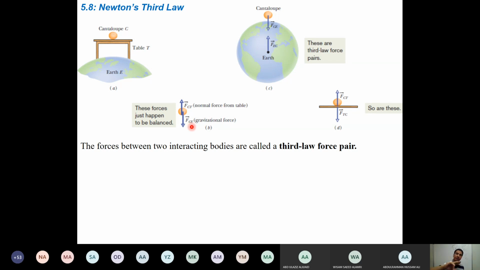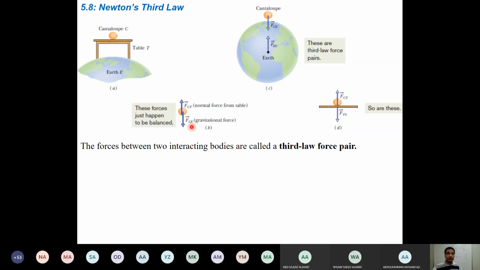If you look at the origin of the two forces, one is the earth, another one is the table. Both of these forces are applied on the cantaloupe. But these are not action and reaction. These are two separate forces. And this is happening between three bodies: cantaloupe, table, and earth.